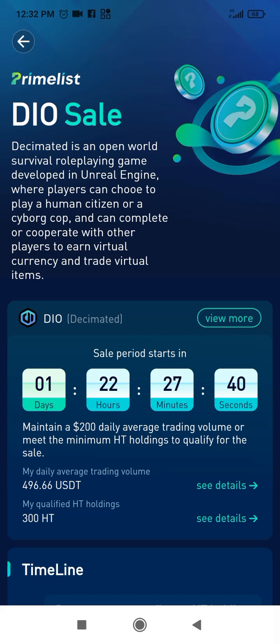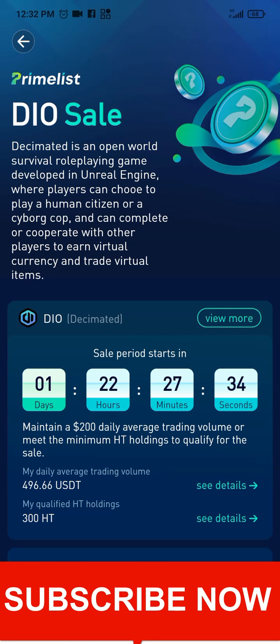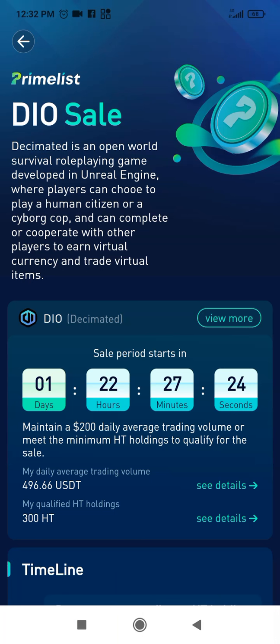Some other accounts I'm managing for people have over 3,000 HT tokens, about 3,230. The more HT tokens you have, the better the chance of buying more on this IEO, because the maximum slot they can give to anyone is only 50 USDT, no matter the amount of HT tokens you have.